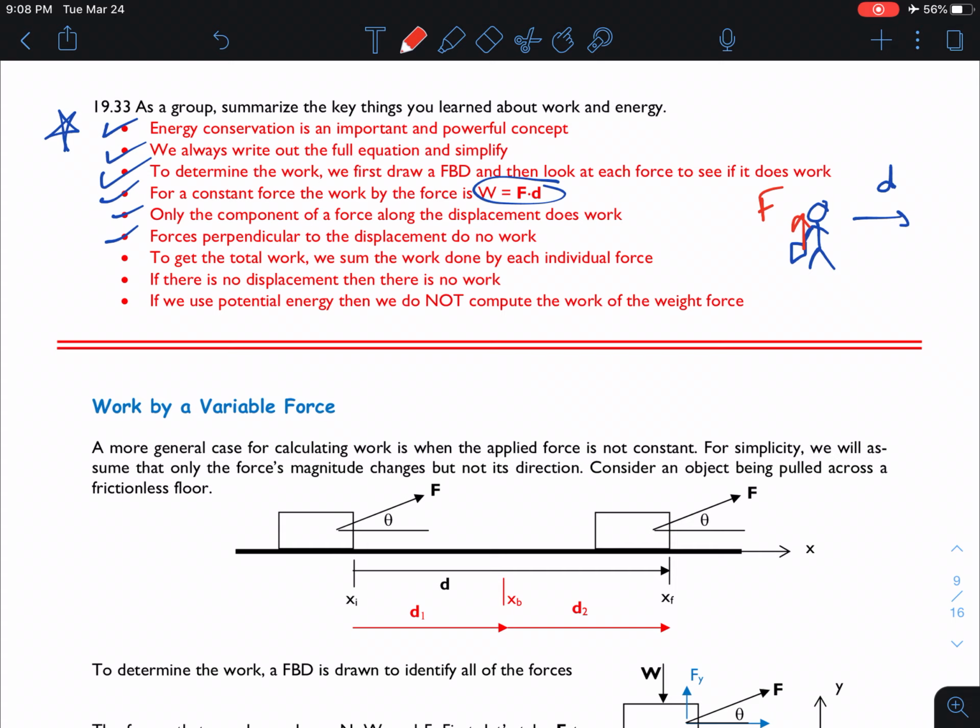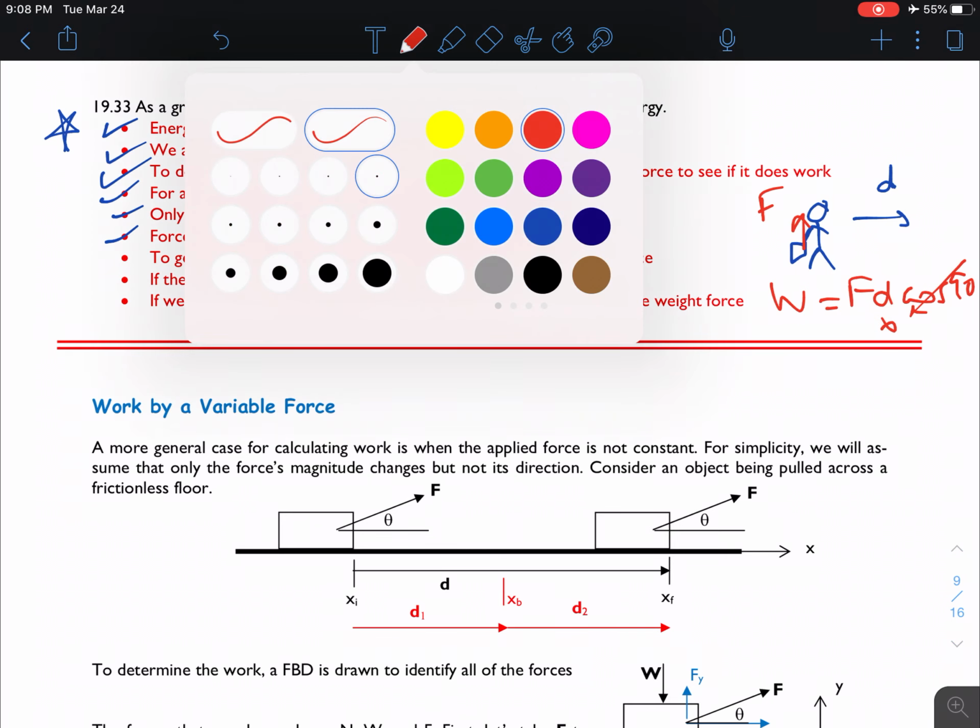You just need to look at those two vectors, and the angle is 90 degrees, so you're not really doing work. It's not very intuitive sometimes, so it can be tricky. Just rely on the equation. F dot D becomes FD cosine 90 here, and that becomes 0. So although you're walking and carrying that heavy bag, you're really not doing work in physical terms.